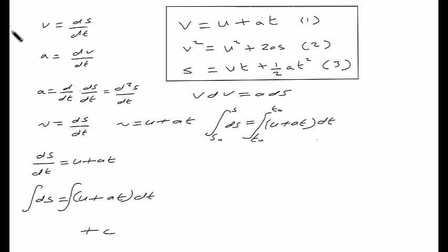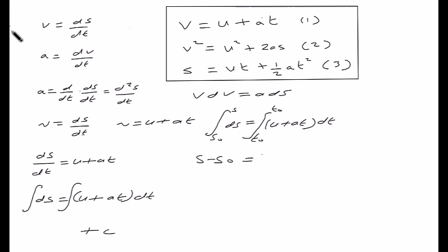So then we have to simply integrate these two terms. So the integral of ds is just s, and so it's s between these limits of s and s0, so it becomes s minus s0. And on the right hand side, the integral of u dt would be ut, and the integral of at dt would be at squared over 2.